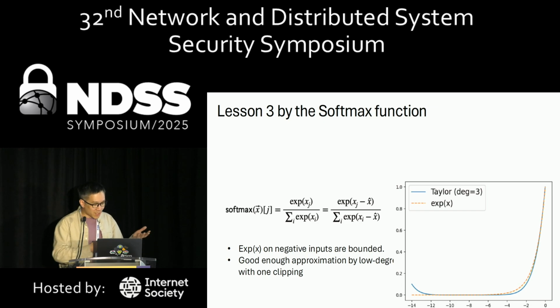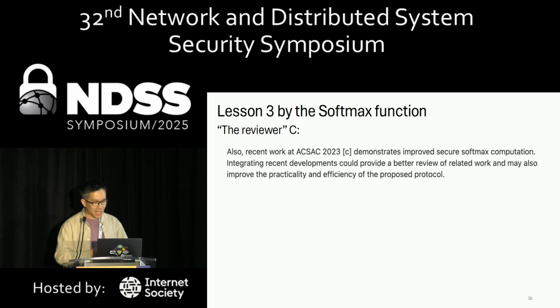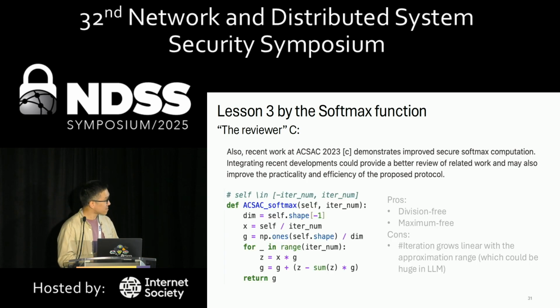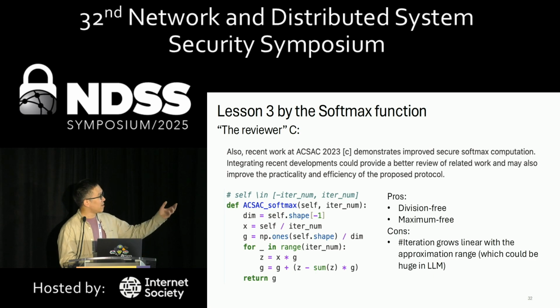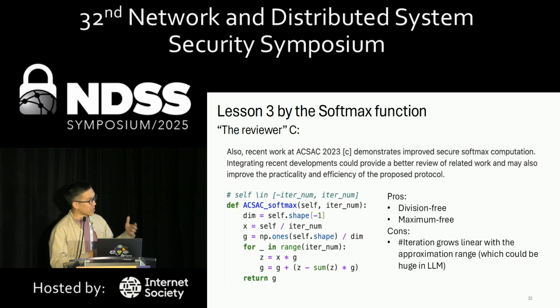And because it looks so simple, some of you may say, okay, it's too simple. Why not consider a fancy numerical method like in that paper? The good thing about that method is that it's division free and maximum free.